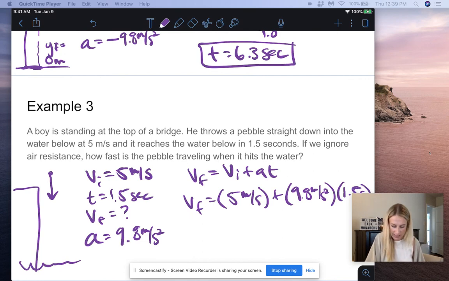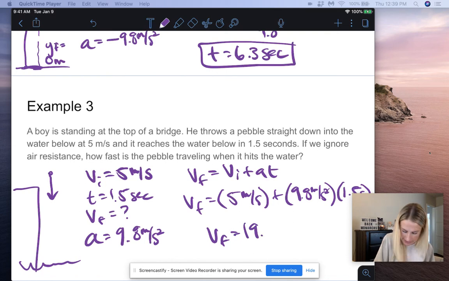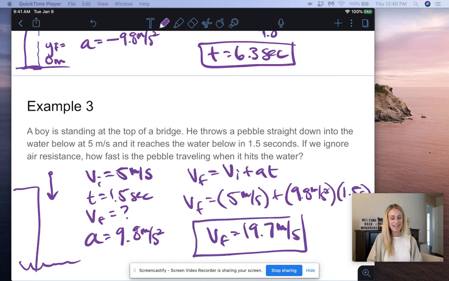Notice how this seconds cancels out with this right here, so we end up getting meters per second. So I get 9.8 times 1.5, and then I'm going to add 5 to that, and so I get 19.7. Final velocity equals 19.7 meters per second.